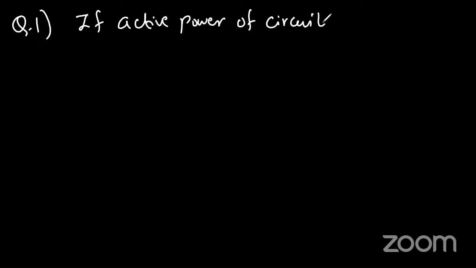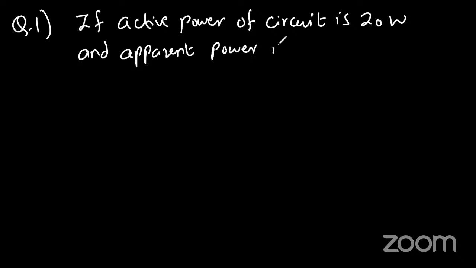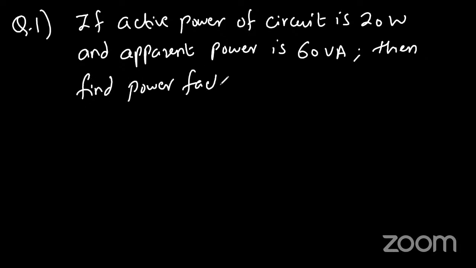Question one is, if active power of a circuit is 20 watt and apparent power is 60 VA, because apparent power का unit क्या है? VA है ना, 60 VA. Then find power factor. ठीक है, this one is a question.